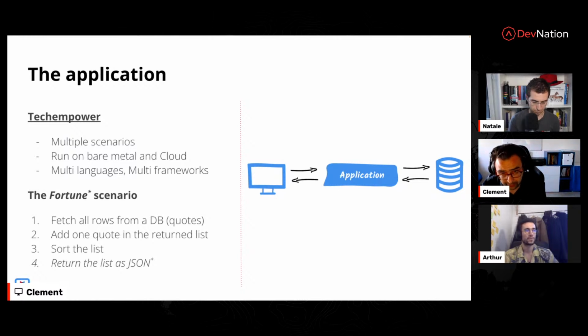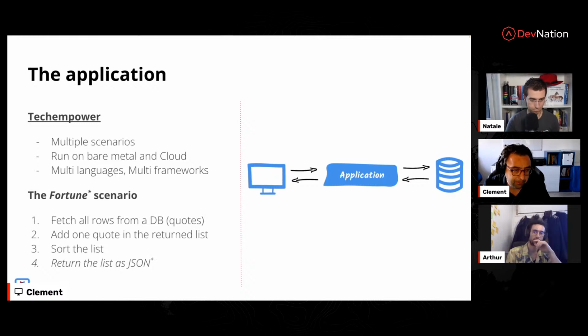It has multiple scenarios, going from a very simple hello world to something a little bit more complicated, like the one we are going to see, which is Fortune. They run those scenarios both on bare metal, so on beefy machines, and on the cloud, so on something a lot smaller. So it's very interesting for us to have the two types of environments.